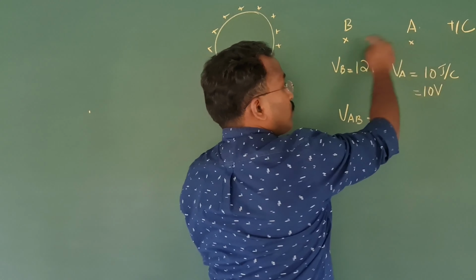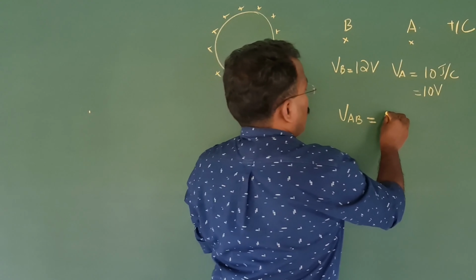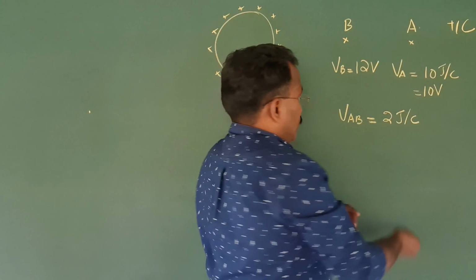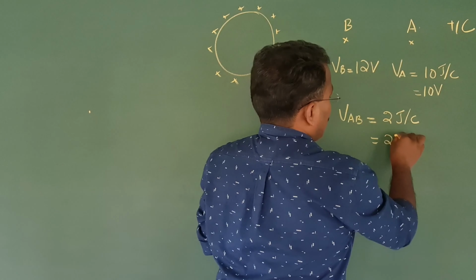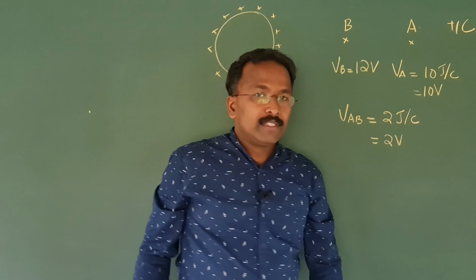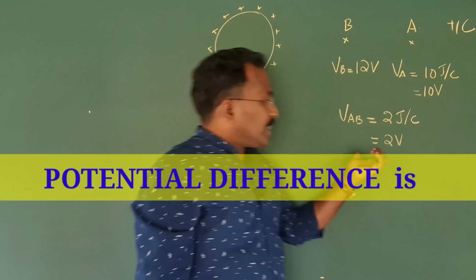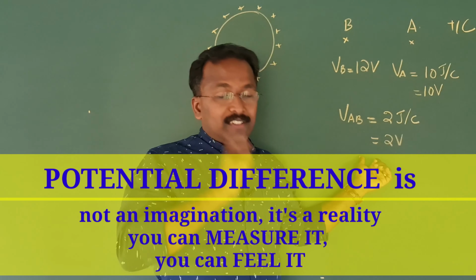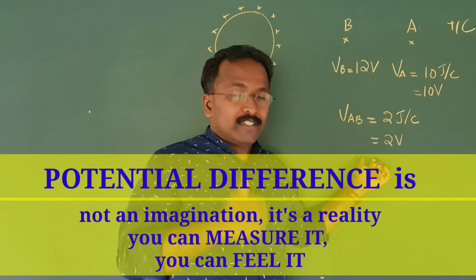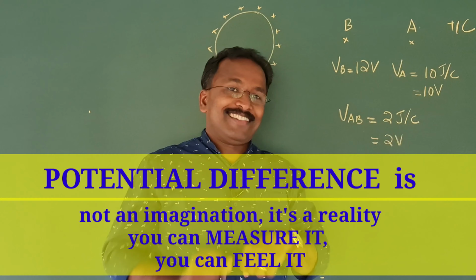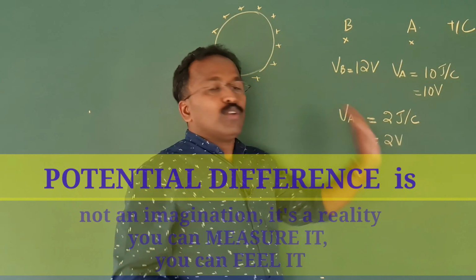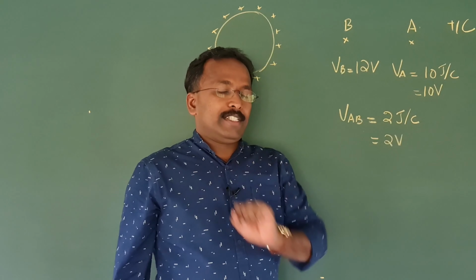So from here to here, it is of course 2 joule per coulomb, or you can say the potential difference is 2 volt. Remember, potential difference is not an imagination. It is a reality. You can measure it. You can feel it. Okay. So potential difference between A and B is 2 volt. Remember that.